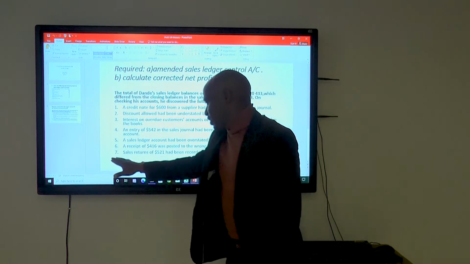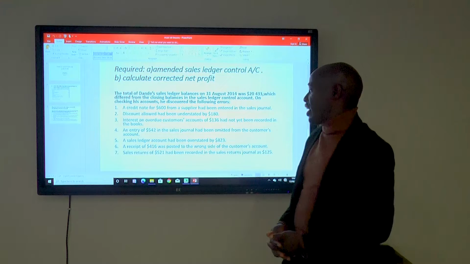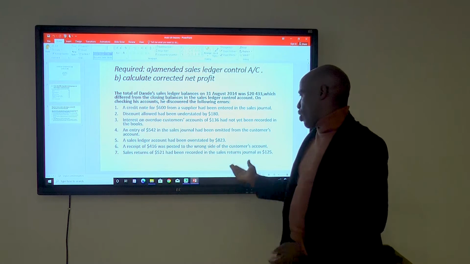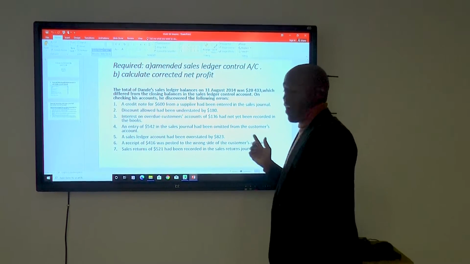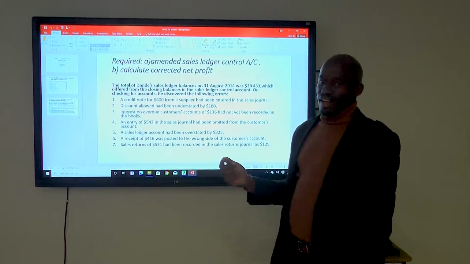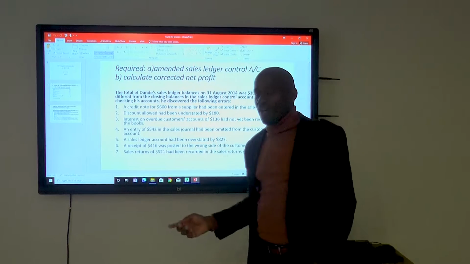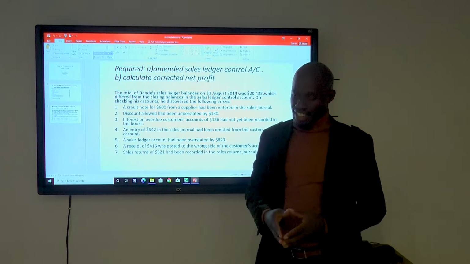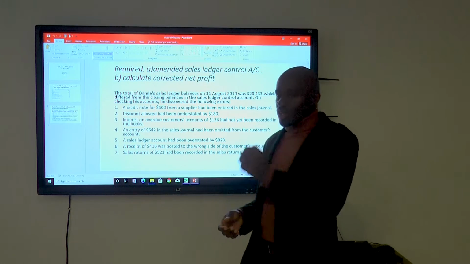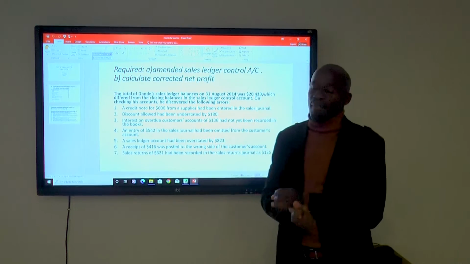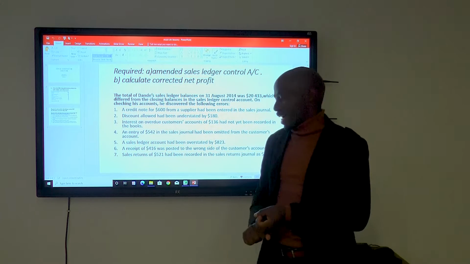Lastly, error number 7. Sales returns of 521 had been recorded in the sales returns journal as 125. Now, the sales returns journal is a book of original entry. An error which occurs in the book of original entry is going to affect both the personal account and the total account.